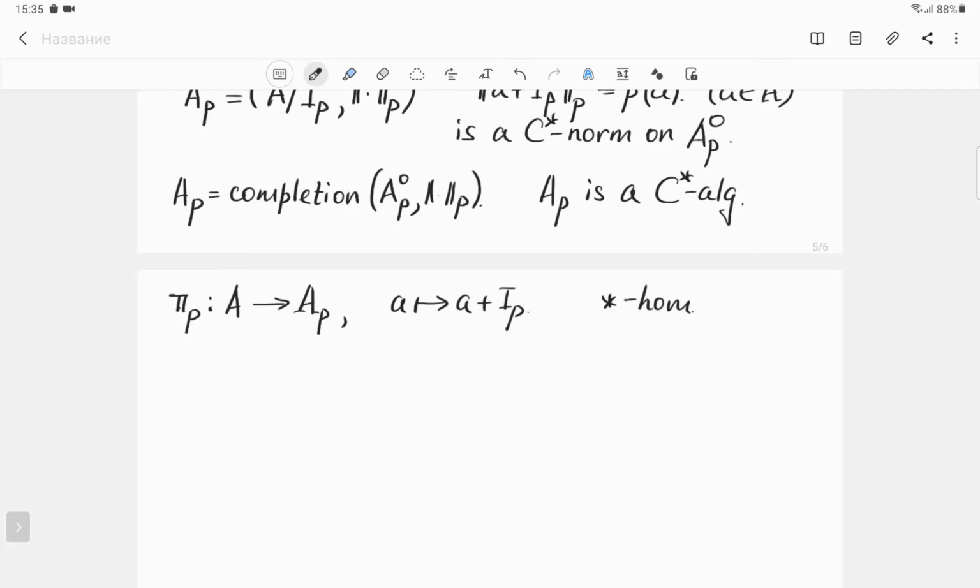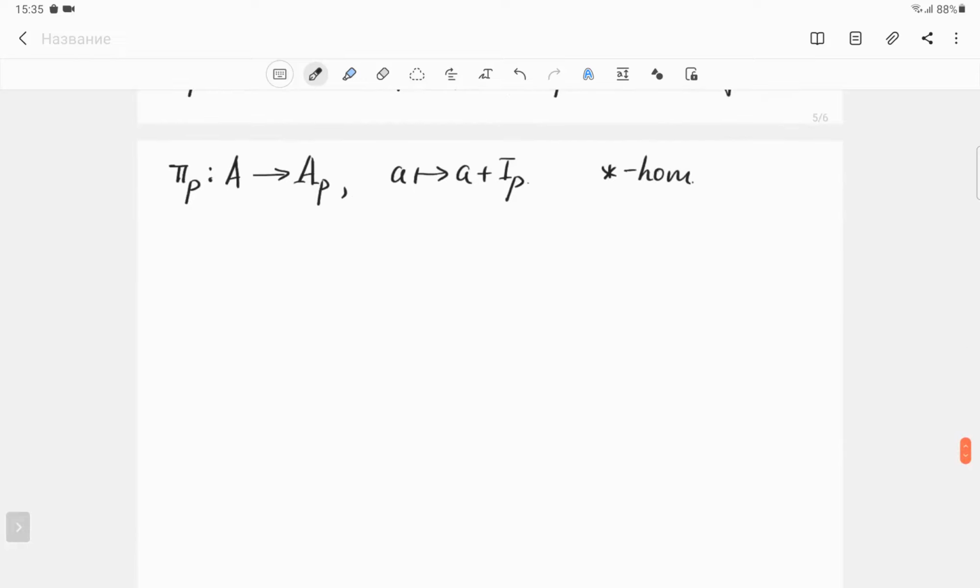Okay, and now let's define something like a C-star seminorm on A by the following formula. So for each element A in our algebra, we introduce the following number, which will be denoted like this.